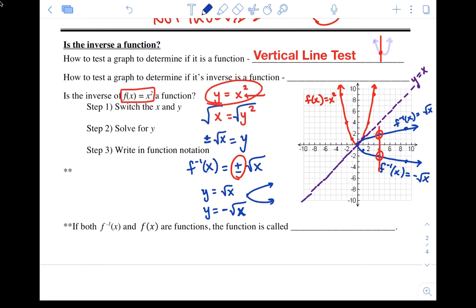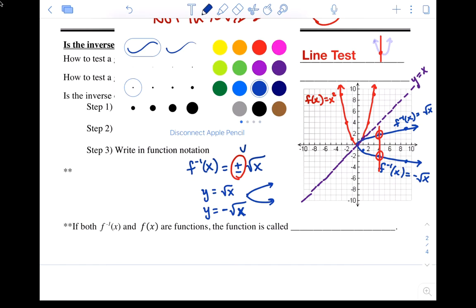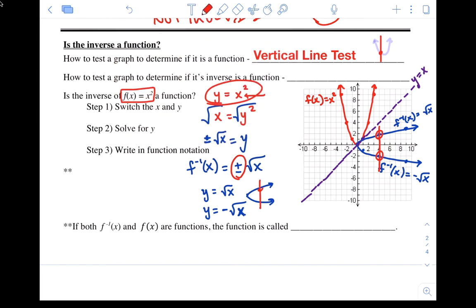I mean, I went through trouble of not only solving, I had to graph two separate branches and still had to then draw the vertical line test. So clearly its inverse is not a function. FYI, right in function notation, this is the winner for that, in case that wasn't clear. Plus or minus, of course, needing to be there.